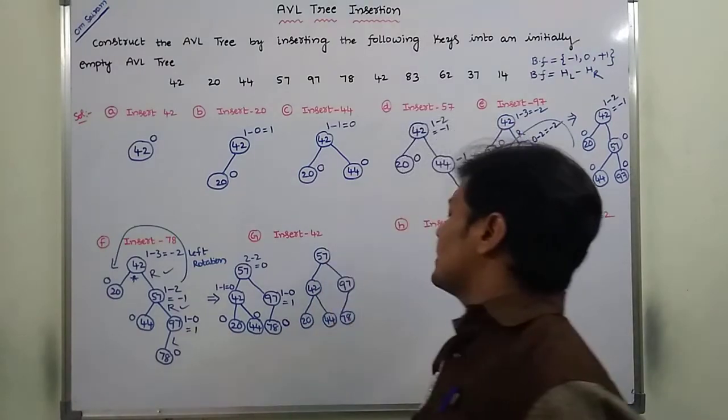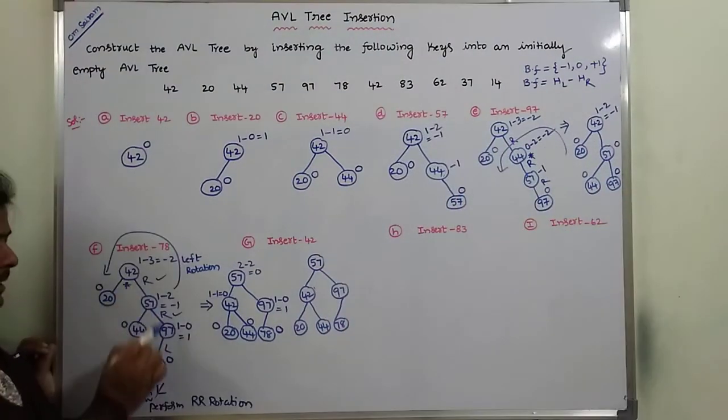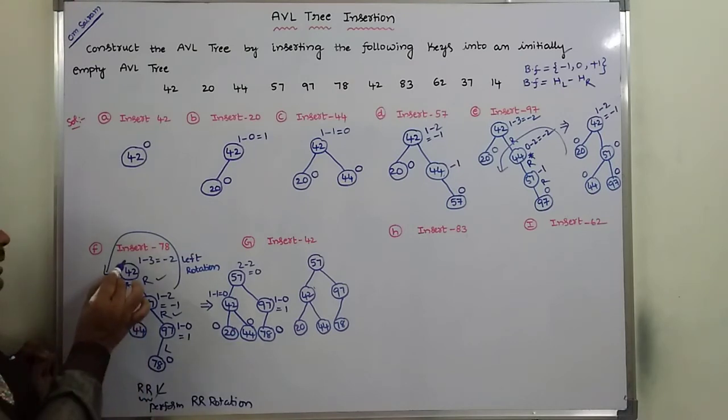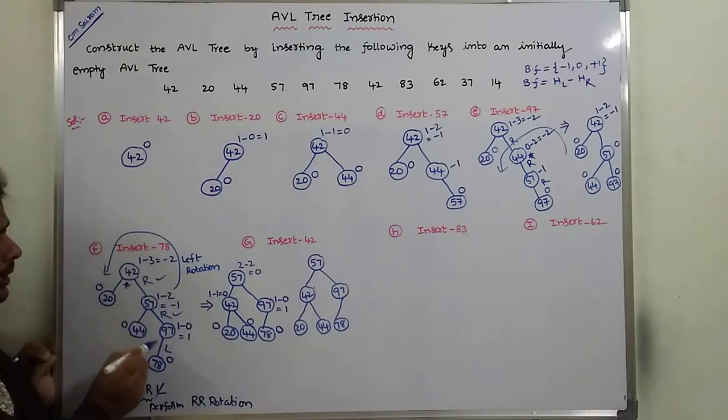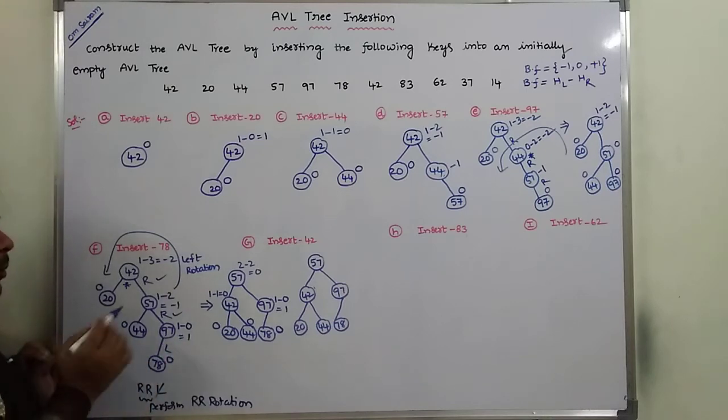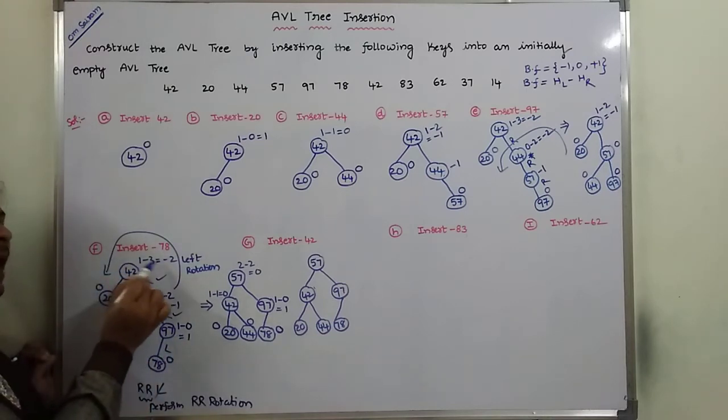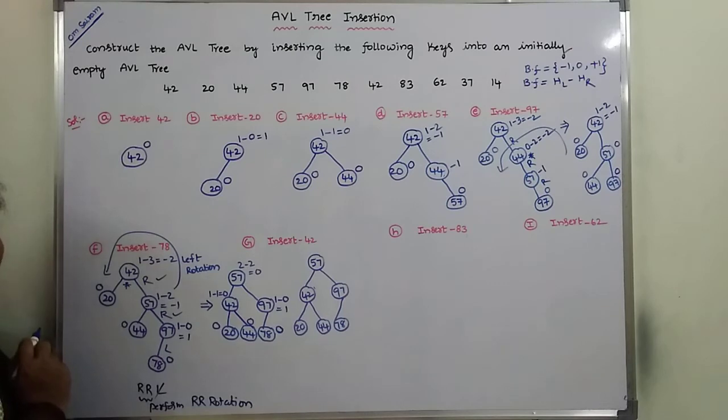Now we have to insert in this one. Here R, R, L is there. Here balance factor minus 2 is there. So here minus 1, here 1, here 0. Only at this point is the balance factor imbalanced.